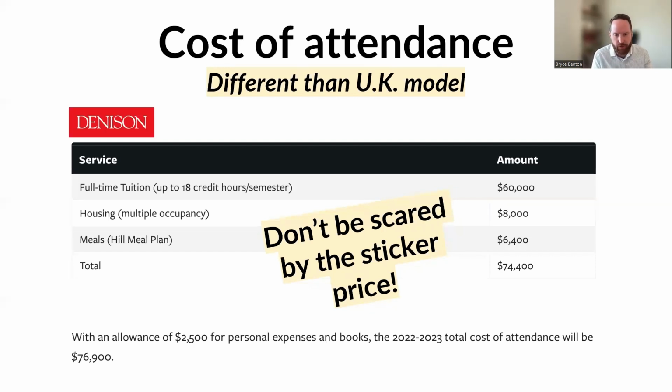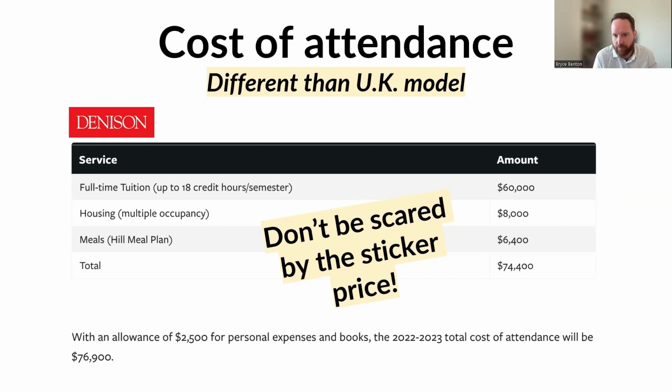You'll see a range. Some institutions, like community colleges, are much cheaper in terms of the sticker price. So if cost is important to you and you're looking for a lower cost option, be aware that there's a range of costs. But don't be scared by the sticker price, because a lot of colleges and universities do offer financial aid and scholarships to discount the cost.